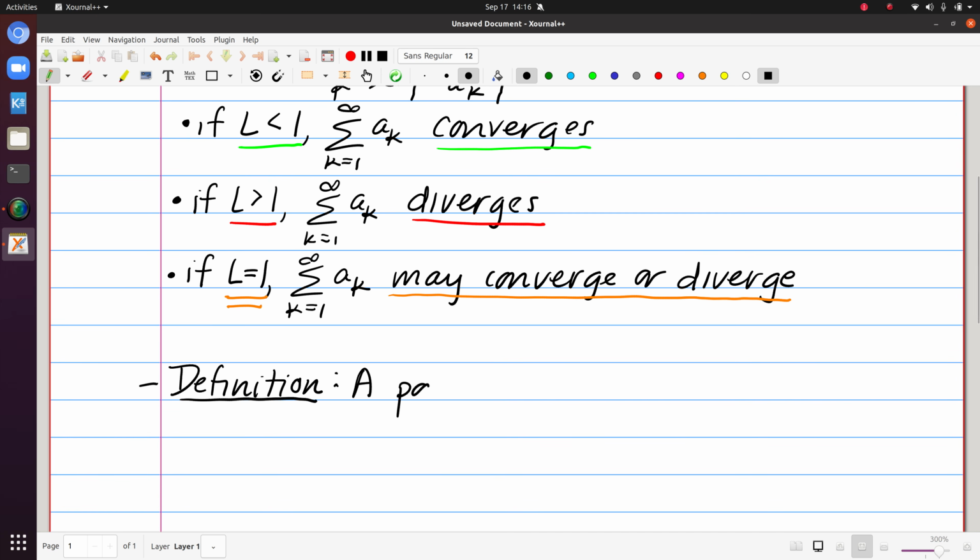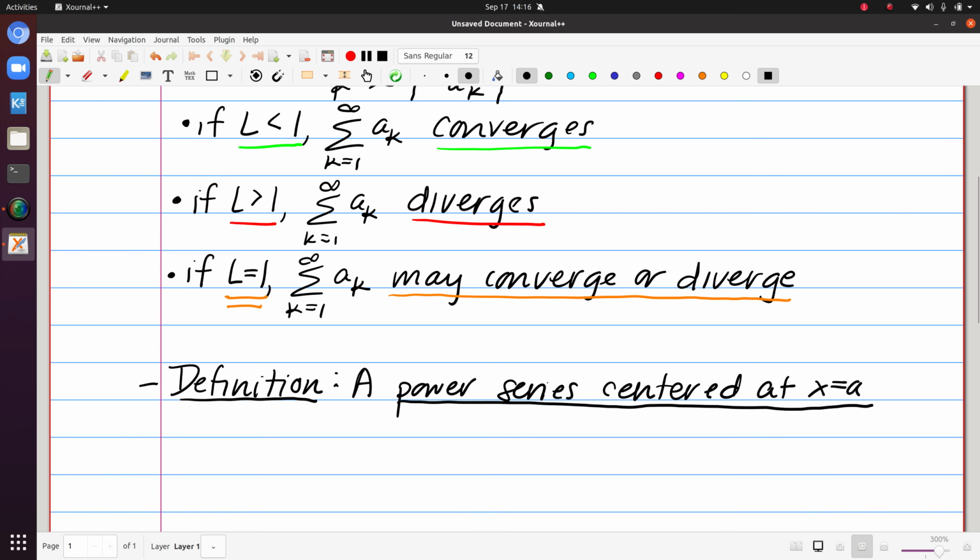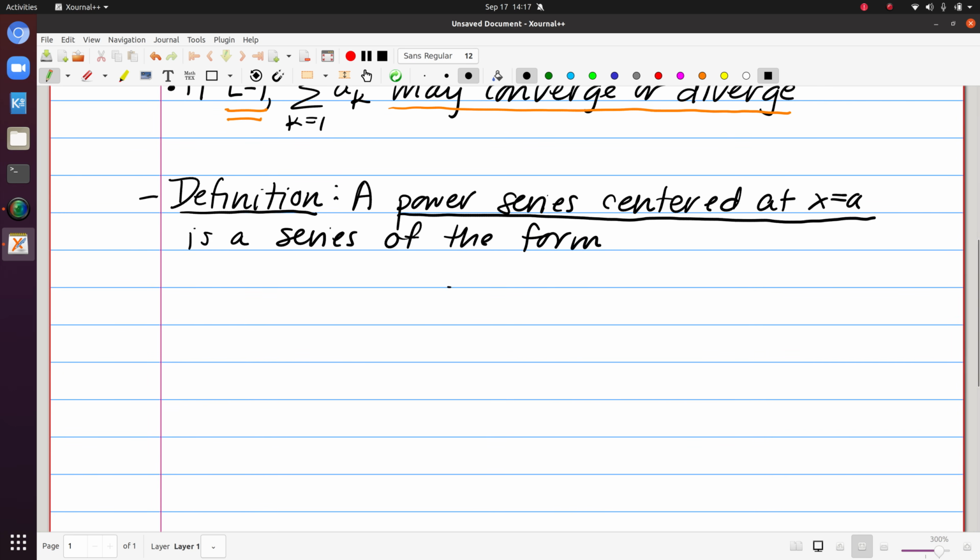A power series, again, we're going to see some familiar phrasing here, centered at x equals a, is a series of the form sum from k equals 0 to infinity of c sub k times x minus a to the k.